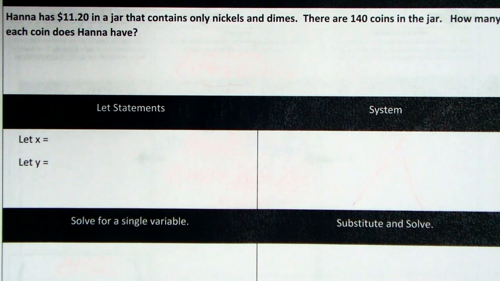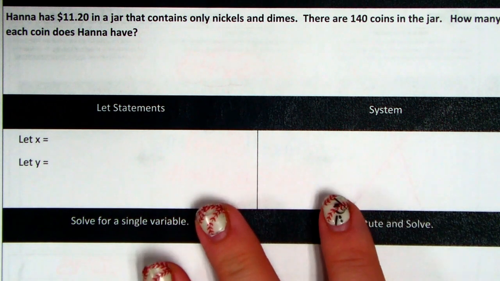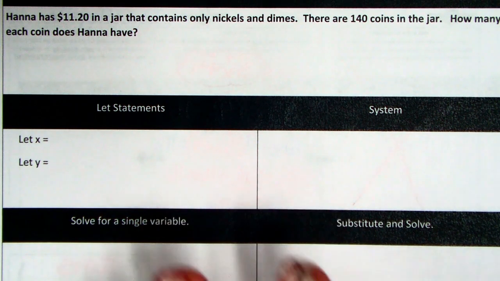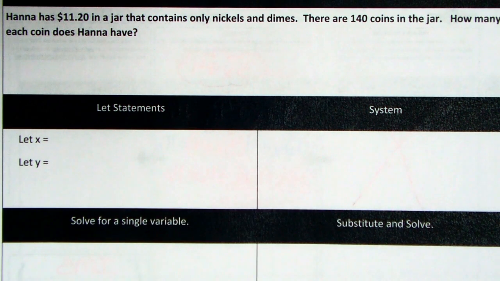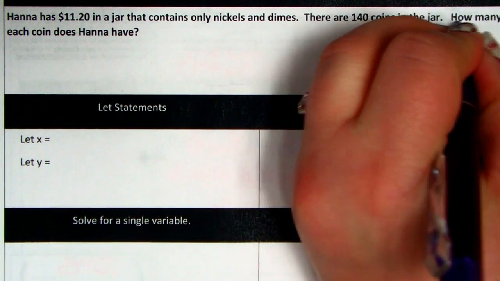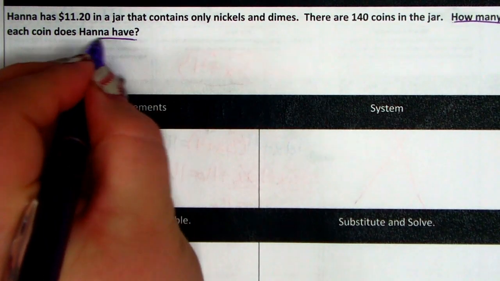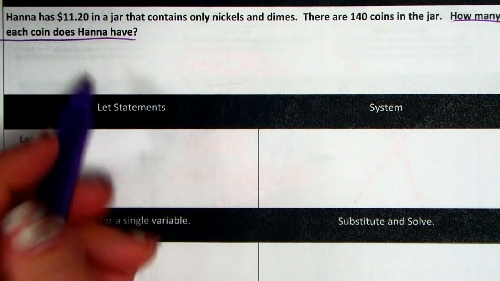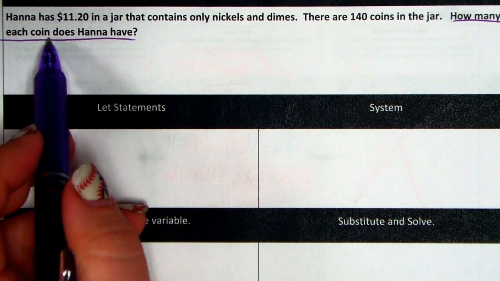No matter if you use my template or you solve it without the template, your first step should always be to label what you are labeling as X and what you are labeling as Y. You get that from your question. So the question was, how many of each coin does she have? So she has nickels and she has dimes.